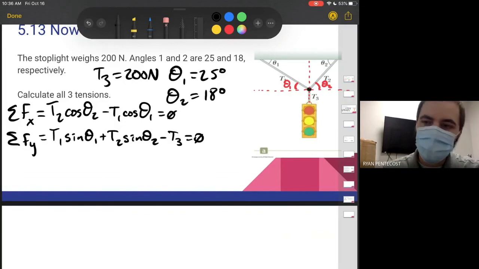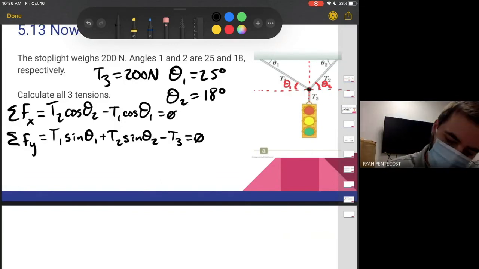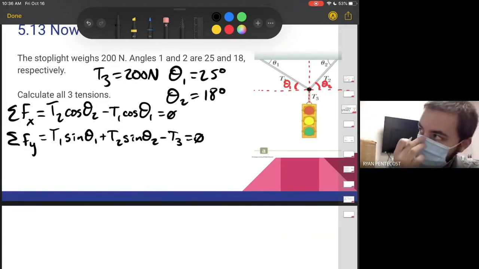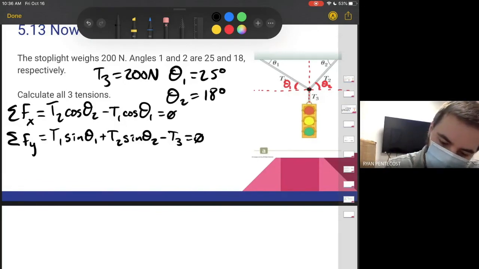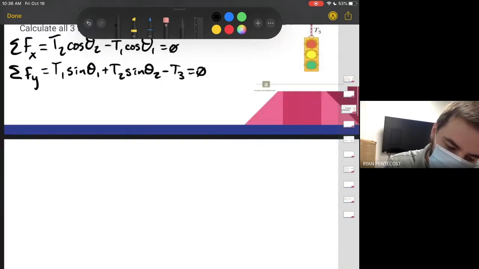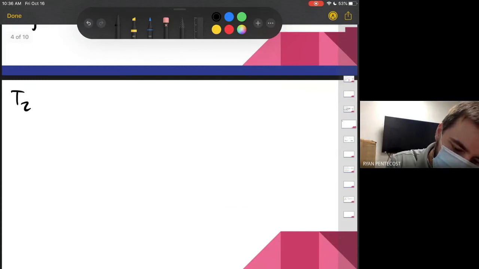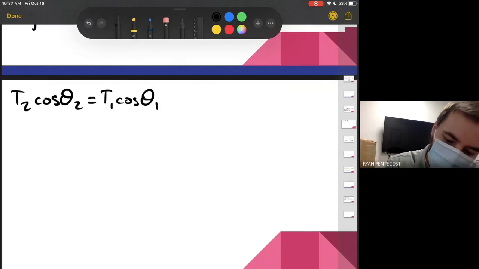So what we have here is two equations and two unknowns. If we solve the top one, T2 cosine theta 2 equals T1 cosine theta 1.